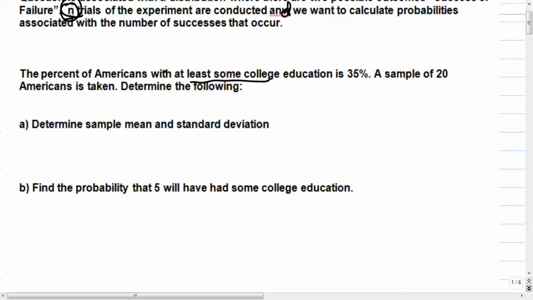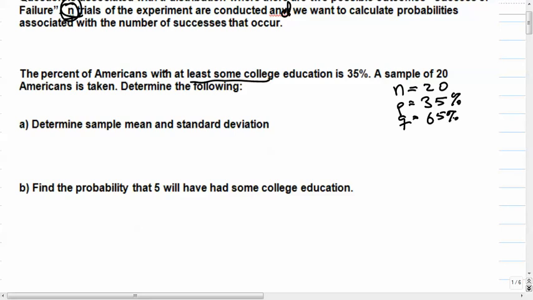We will identify the probability of success, meaning at least some college education, as 35%. The sample size is 20, and so if you identify this as binomial, then you know you want to identify n, which is 20. P, the probability of success, is 35%. So Q is the opposite of that, meaning 65%.